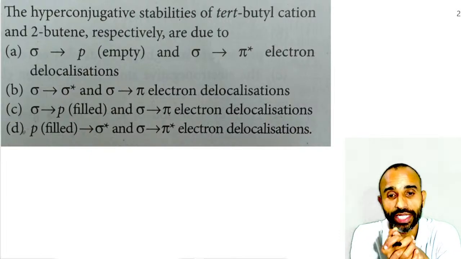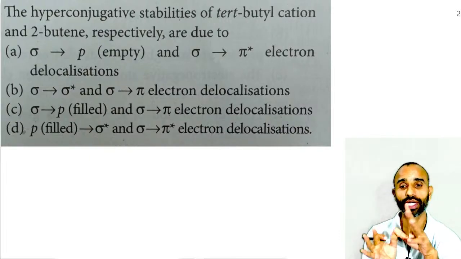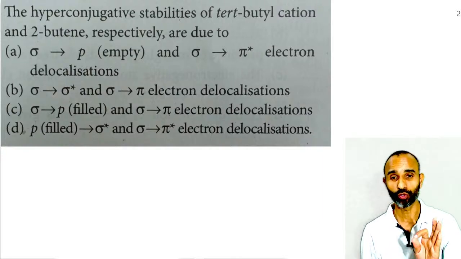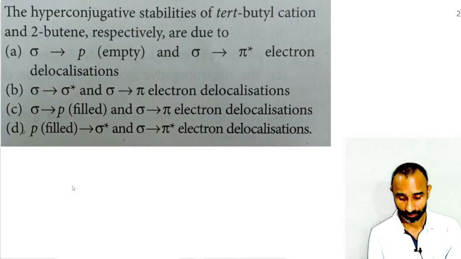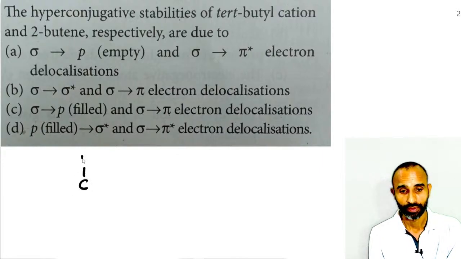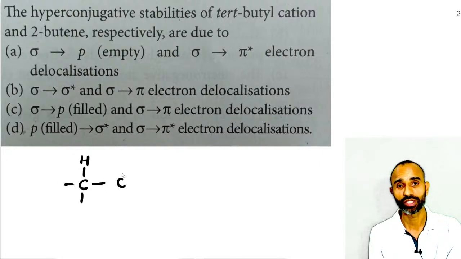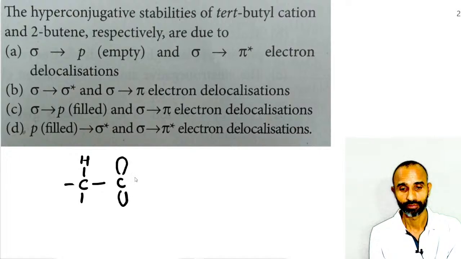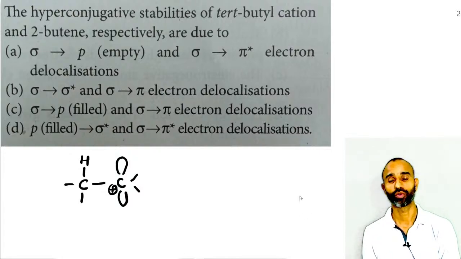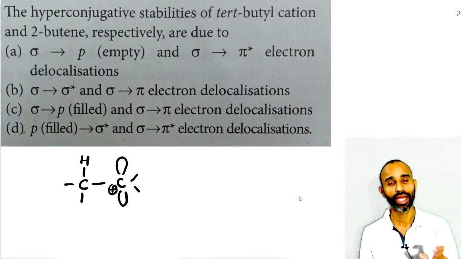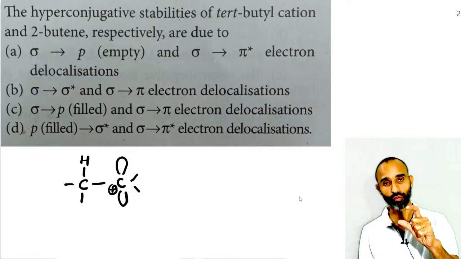Hyperconjugative stabilities of tertiary butyl carbocation and 2-butene. One is carbocation. Whenever we have a carbocation, I am writing it simply like this. In a carbocation, carbon has one vacant p orbital.